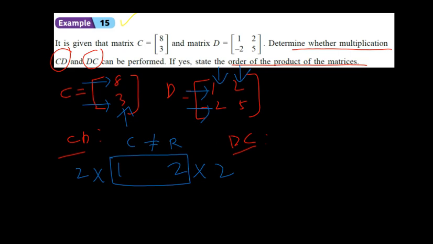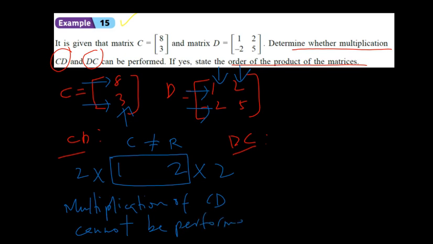So the multiplication of CD cannot be performed, because the column of matrix C is not the same as the row of matrix D.